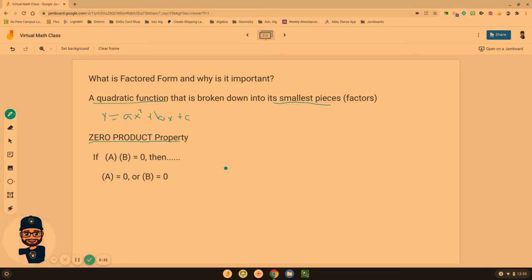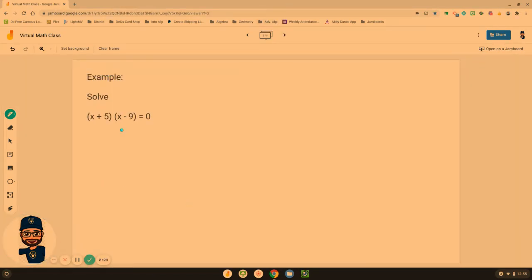So we're going to go backwards now from what we did at the beginning of chapter 6. And you'll see in this first example what I mean. Right now, we're going to start with the factored form. They already factored the problem for us.